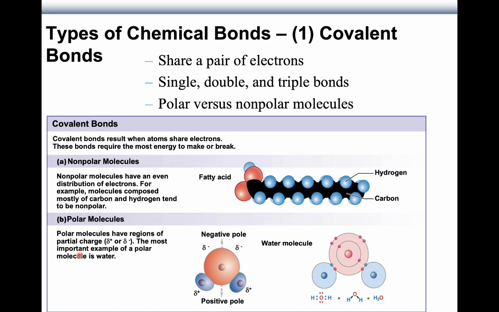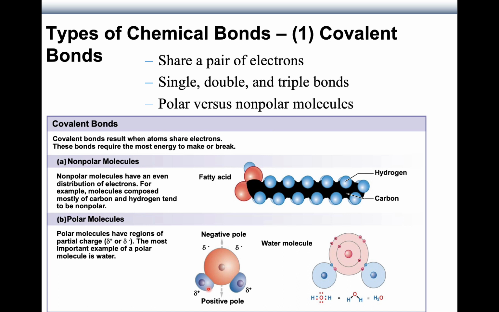Now, they can share them perfectly evenly, which means that the electrons flow perfectly evenly throughout the whole molecule. Or electrons can be shared unevenly, like in water, where the oxygen pulls more electrons toward itself and creates a partially negative region and a partially positive region.